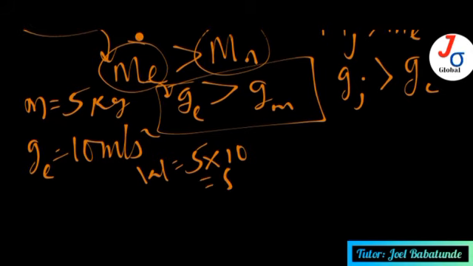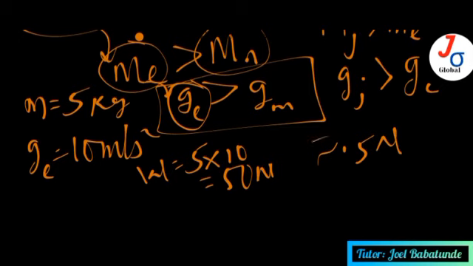Take it to the moon. Since the acceleration due to gravity is changing, and the gravity of the moon is about 3 point something, 5 times 3 is about 15 newtons. That's the weight on the moon.